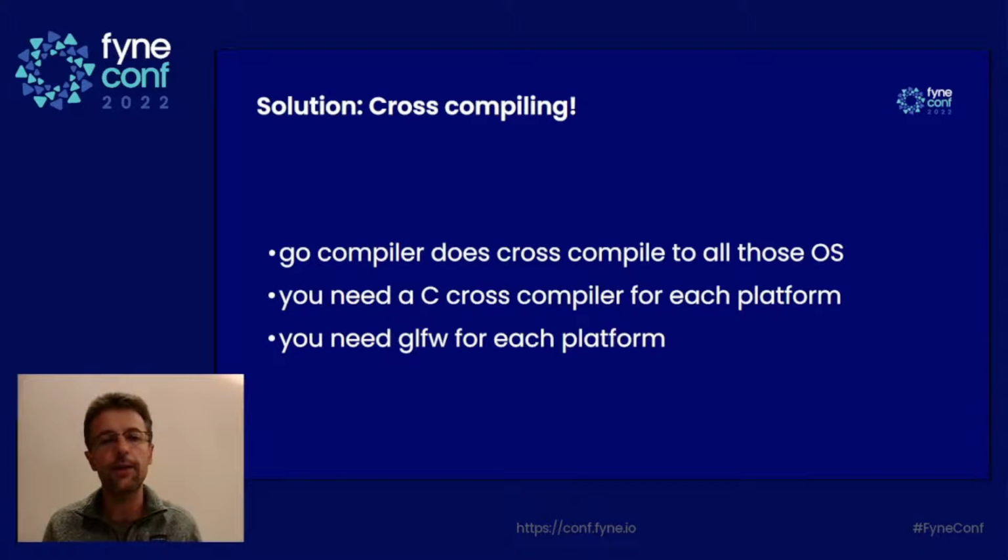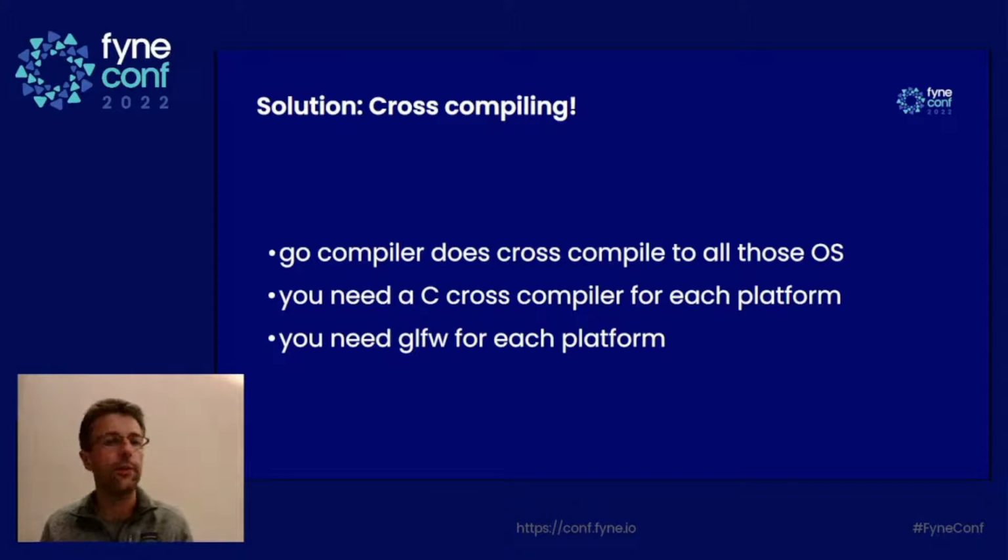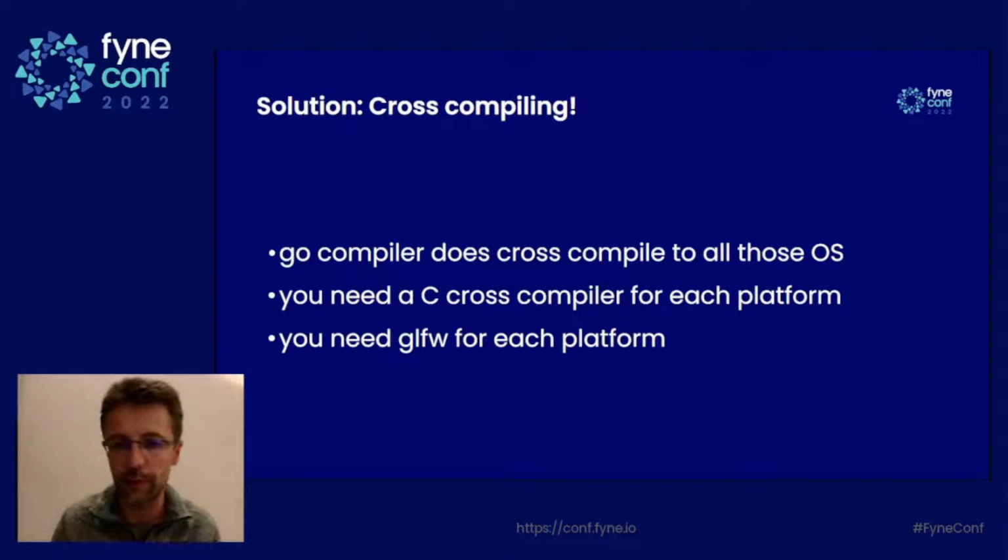And that means we need to have one compiler for each couple of OS and architecture. And that does really increase the complexity of setup and maintenance of all of these components across the board.